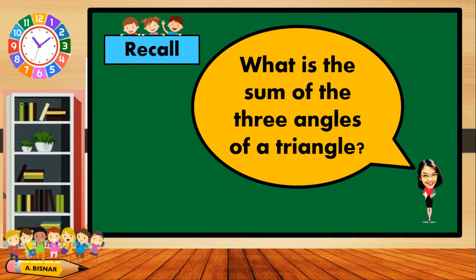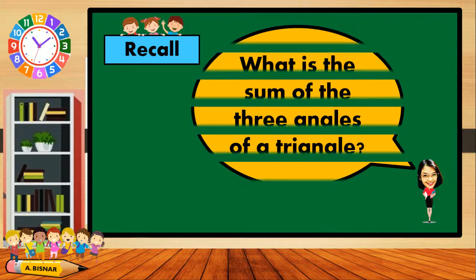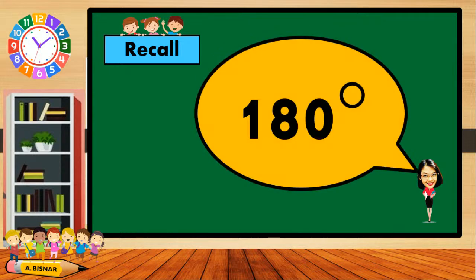That means, what is the total measurement of the angles of a triangle? When you add or get the total of those 3 angles, what's the total? That's correct, maestro. 180 degrees. That is the total measurement of all the angles of a triangle.